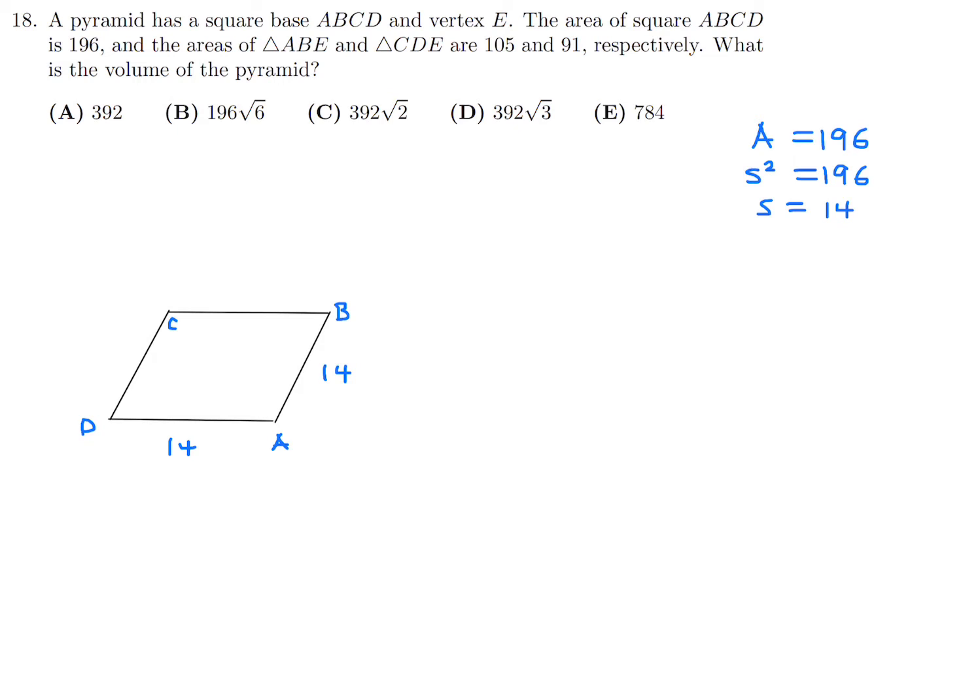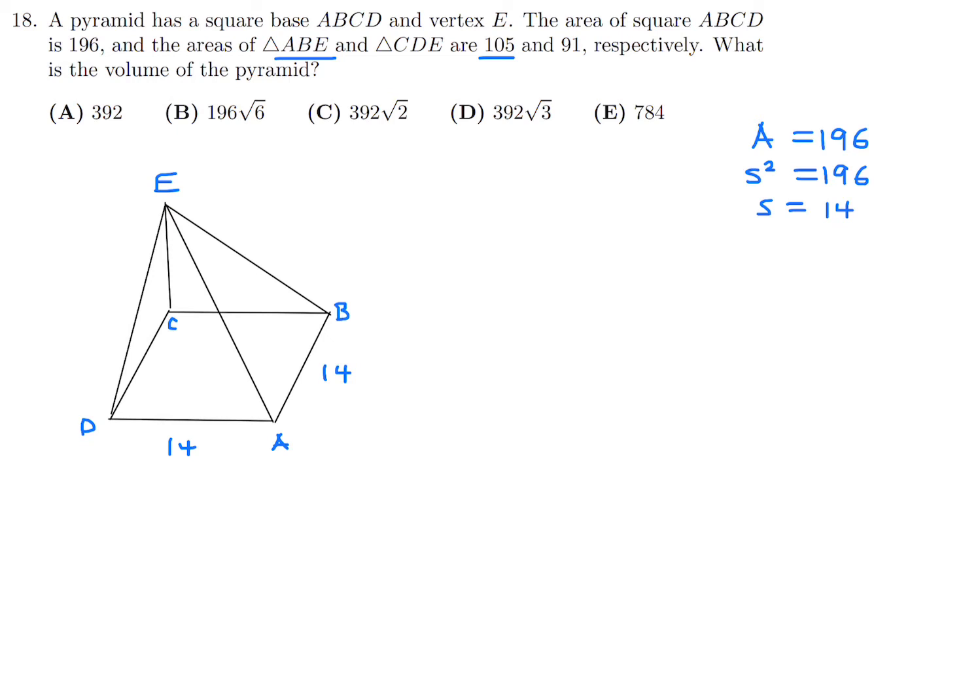And now let's draw in the pyramid. So the pyramid is going to look something like this. And the reason it's slightly tilted like this is because these triangles don't have equal area. You notice that one is bigger than the other. So this one, ABE, is 105. So it's got to have a slightly taller height or longer height, whatever term you want to use.